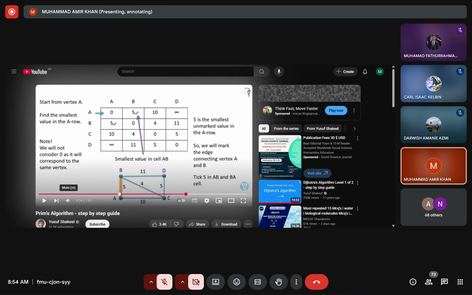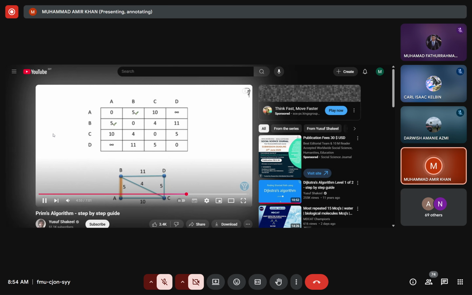Okay. And then take the AB and BA cells, because we have already marked them.